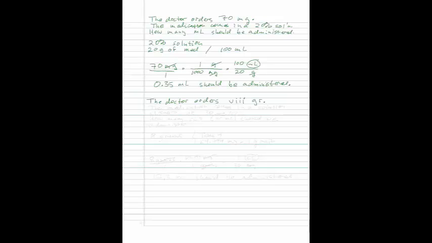The medication comes in a solution strength of 30 milligrams per cubic centimeter. How many cc's should we give? How many cc's or milliliters, remember they're the same, should we administer?